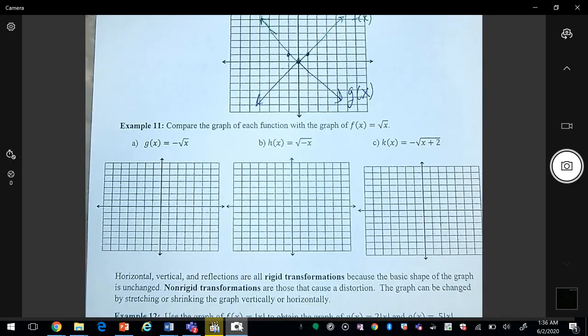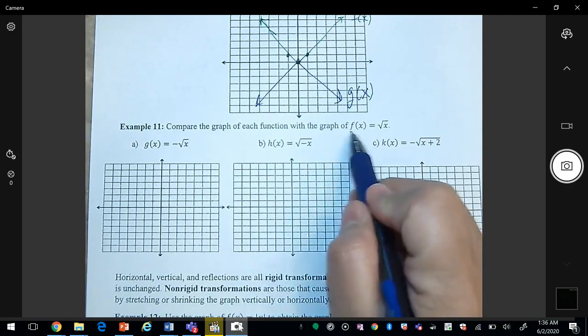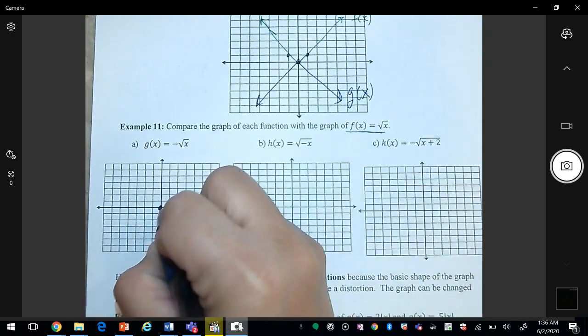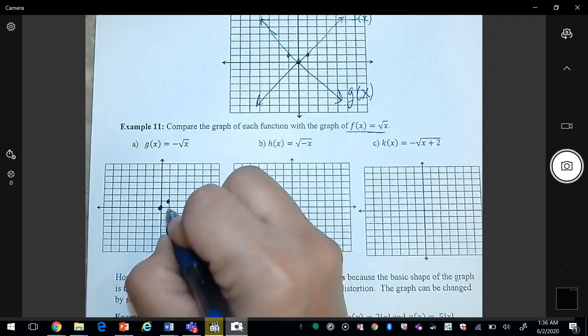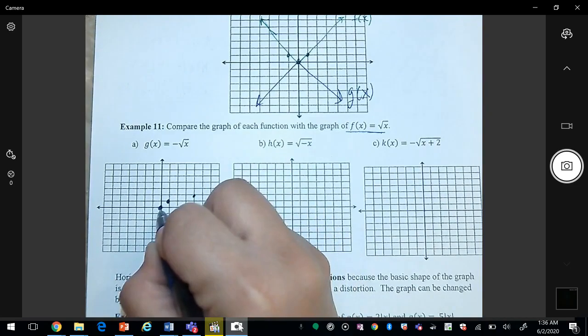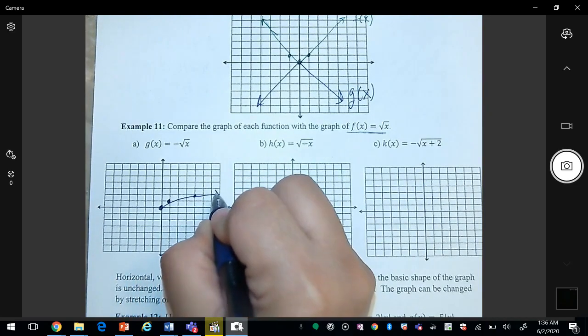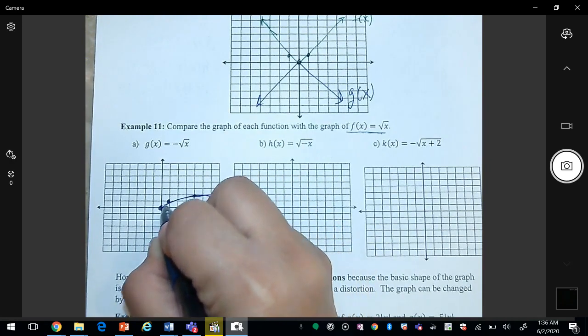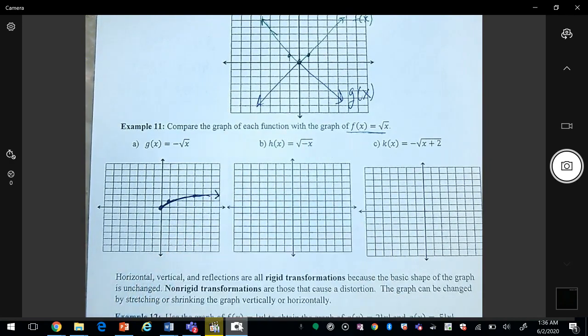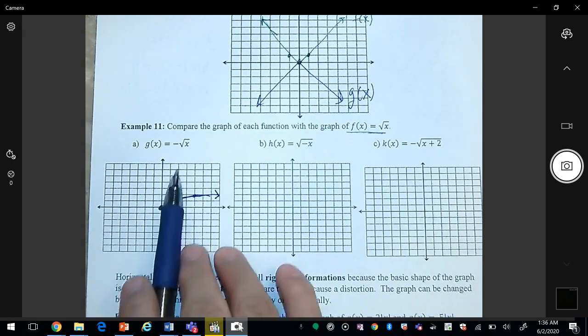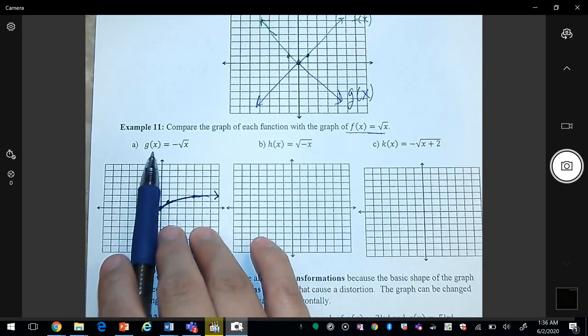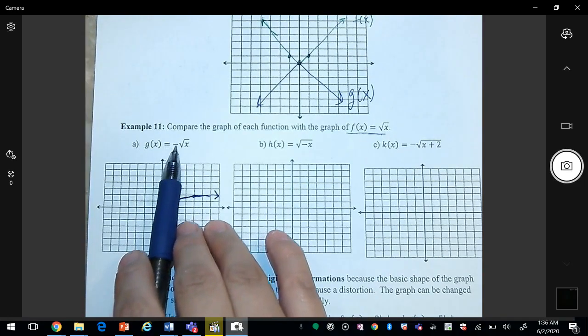So in example 11, we want to compare what happens with these graphs. First, I'm going to graph the parent function, square root of x. And for letter A, it says g of x is equal to negative square root of x.